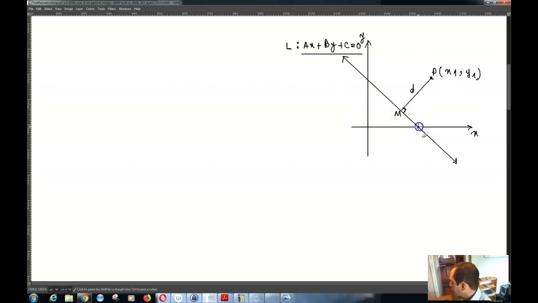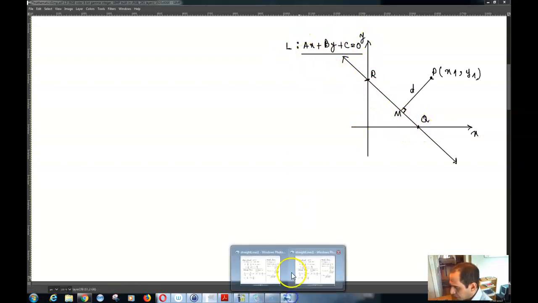So you can call this point Q, and this point over here you can call R. And of course you need to find the coordinates of these.